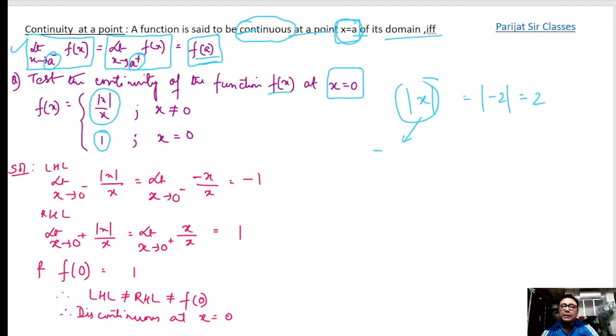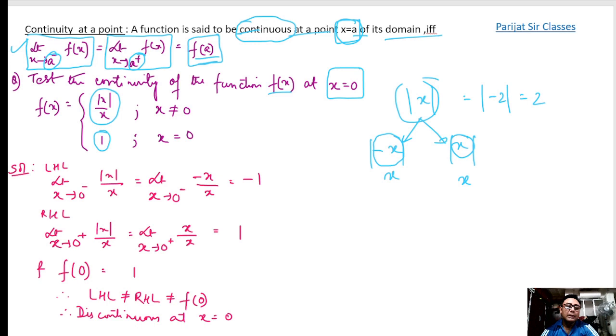This x can be either negative or positive, and if I give a modulus here, I will get x. So this modulus has two formats: one for a negative value and one for a positive value.